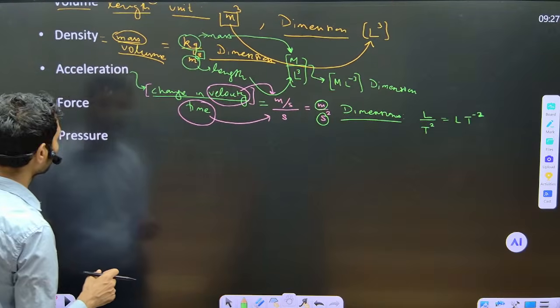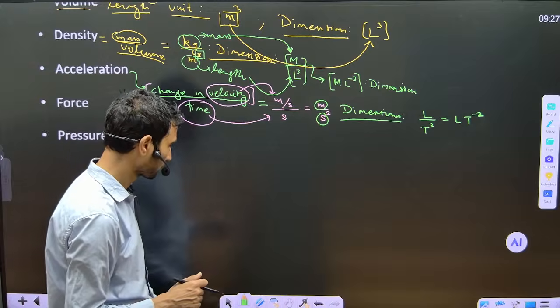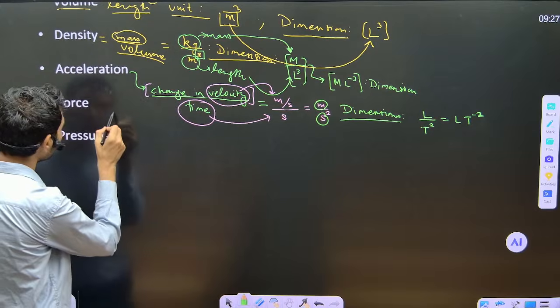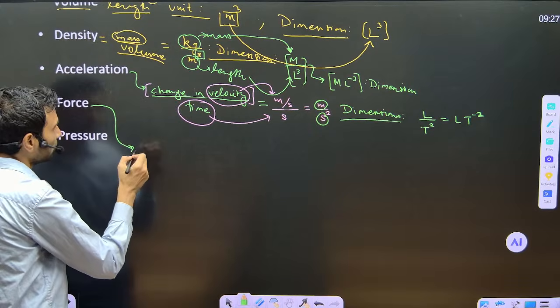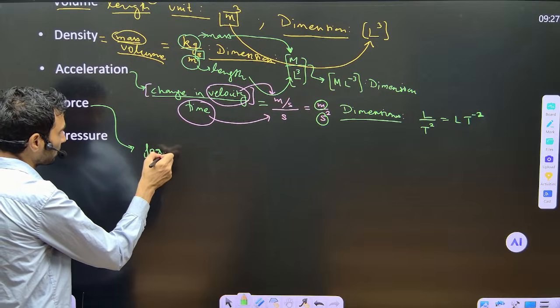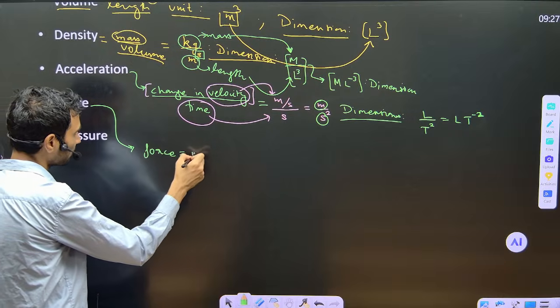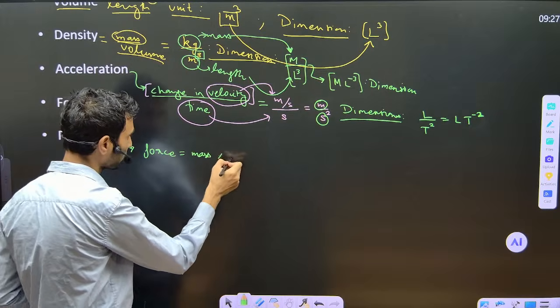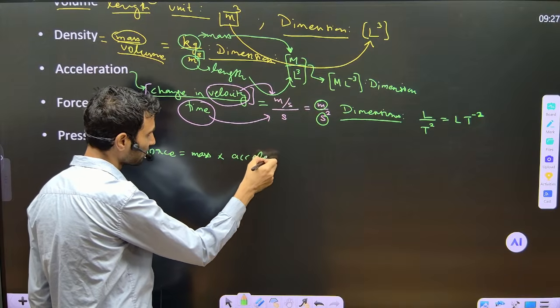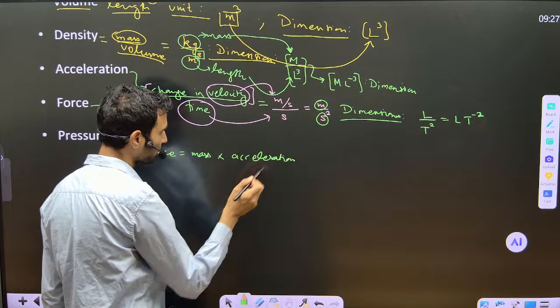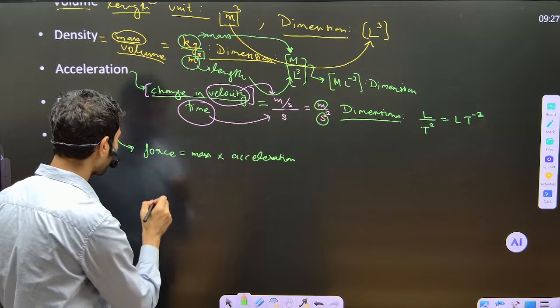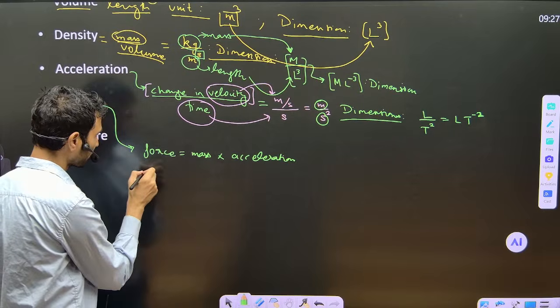Now let's talk about force. So you know force is equal to what, guys? Mass into acceleration, right? So what will be the unit?